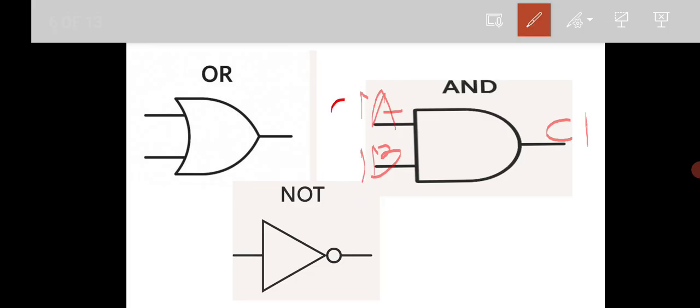But if any one of them is open, because current does not pass through a gap, the bulb will not light, even if the other one is closed. We shall see this when we are looking at truth tables, how each works.